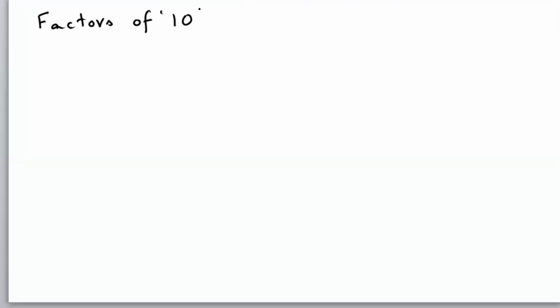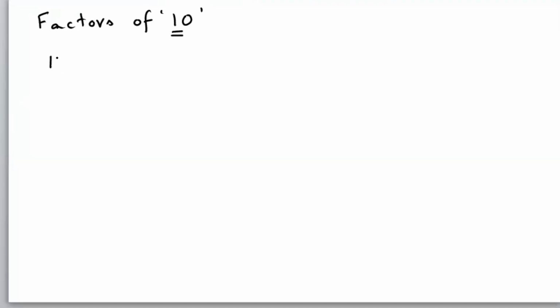We have to find the factors of 10. So how can we find the factors of 10? A factor of 10 is a whole number that can be multiplied by another whole number to equal 10. We have to multiply a whole number with another whole number that should be equal to 10.